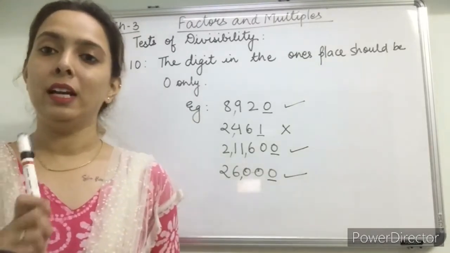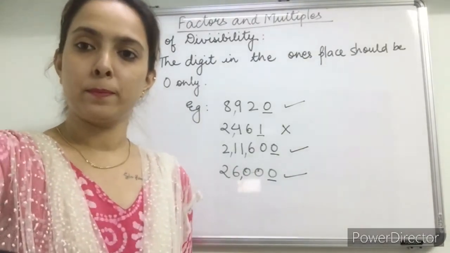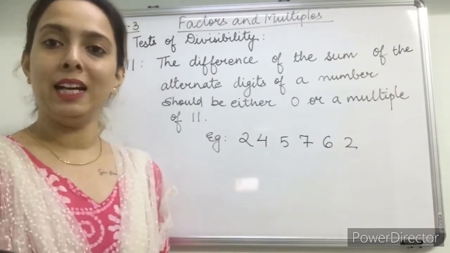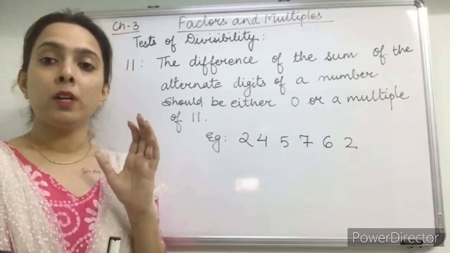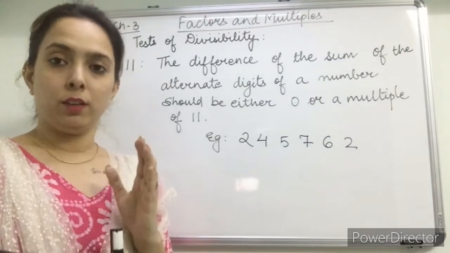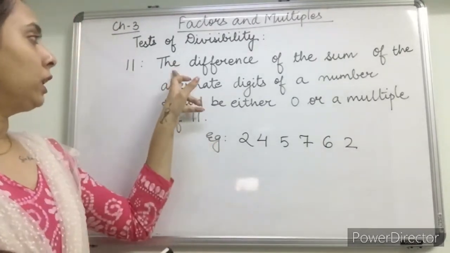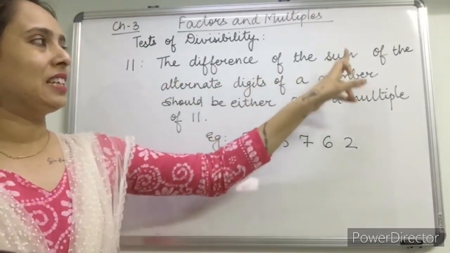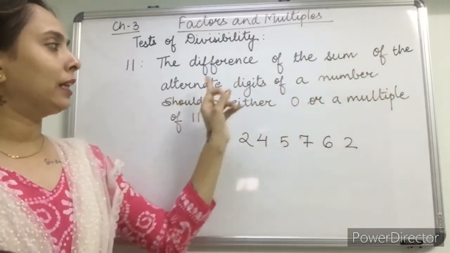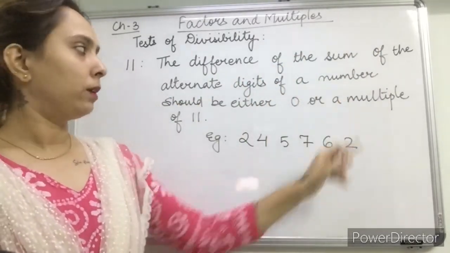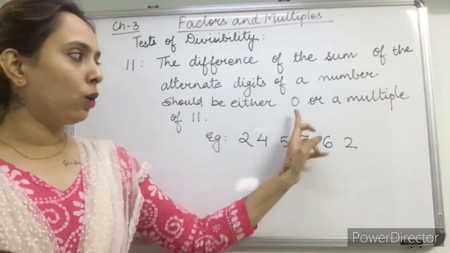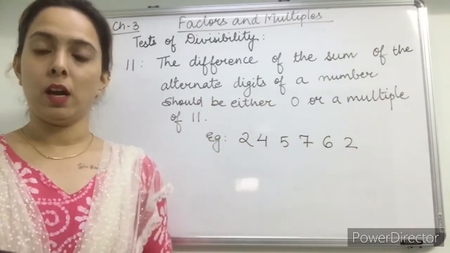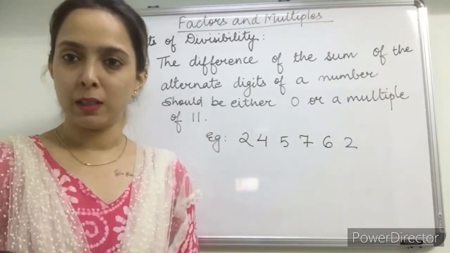Let's go for 11. Divisibility rule for 11. Here you have to listen very carefully. The difference of the sum of the alternate digits of a number should be either 0 or a multiple of 11. I hope you know the meaning of multiple.